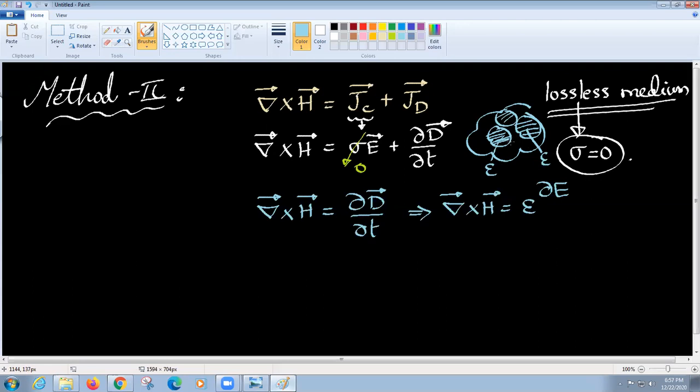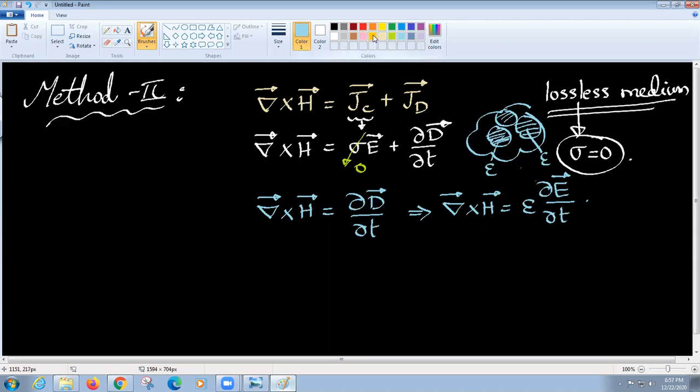So they don't change with position and time. That is the assumption we can make for a homogeneous medium. So I just brought this epsilon out of the partial derivative. So curl of H is equal to epsilon dou E by dou t.